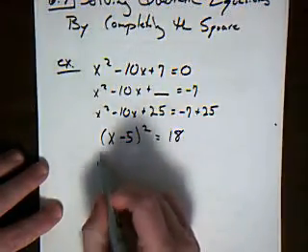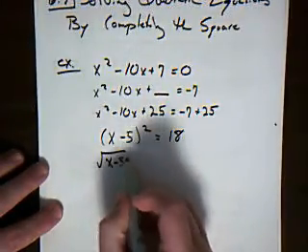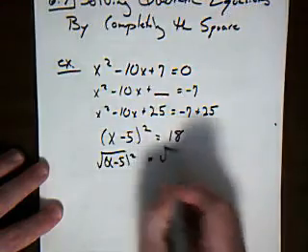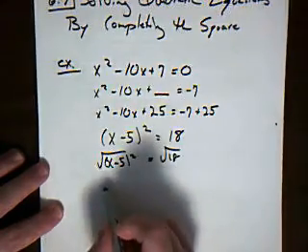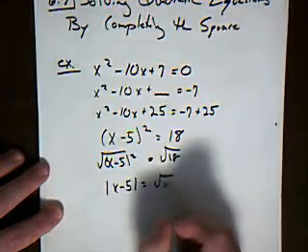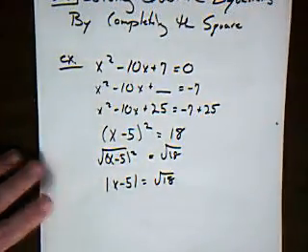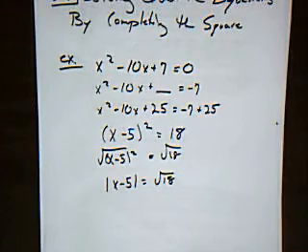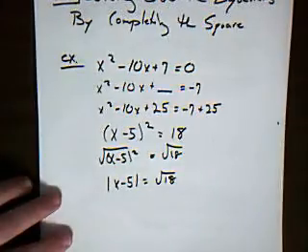Once we get it to here, it's just like all the other problems you've seen before. You're going to take the square root of both sides. Then from there, you get the absolute value of x minus 5 equals the square root of 18. The 18 is not a perfect square, so you can either plug this into your calculator to find the square root of 18, or you can just leave it as the square root of 18 if it's in a calculator free section.